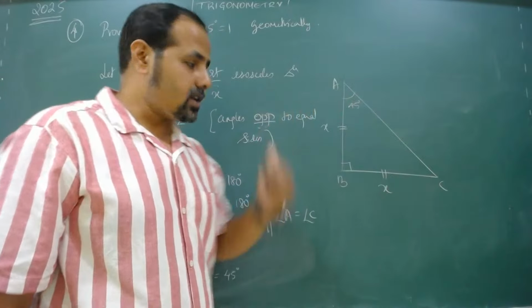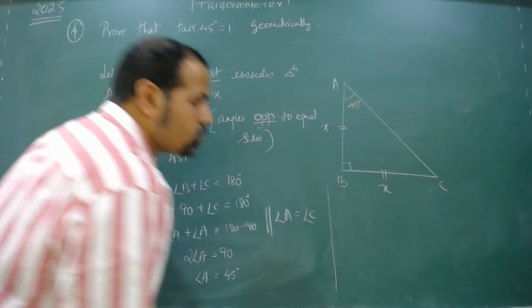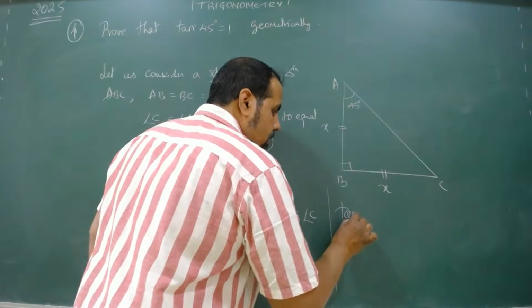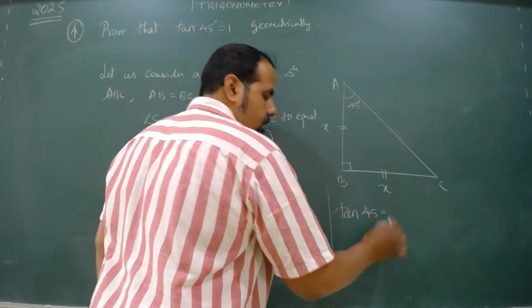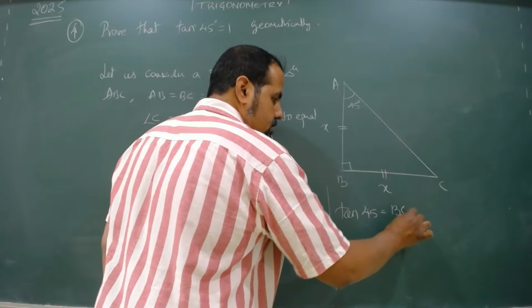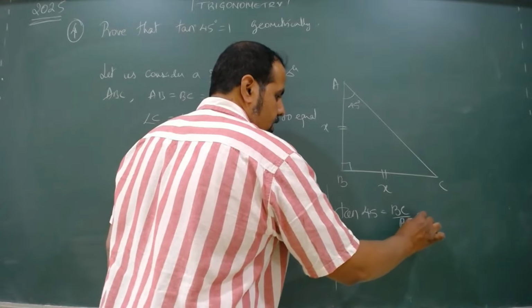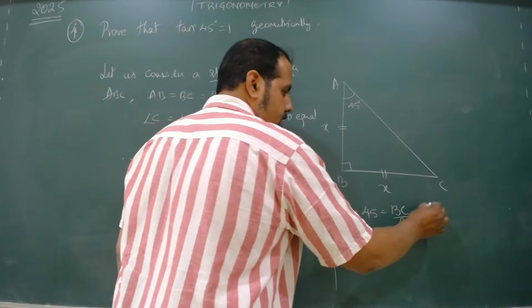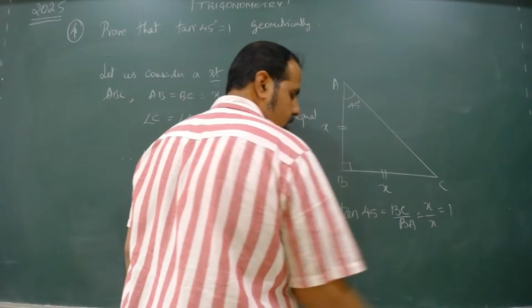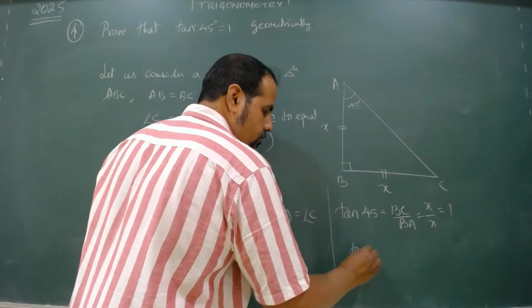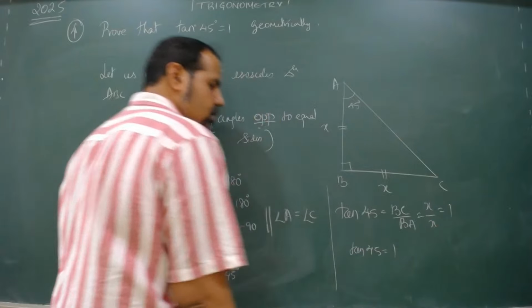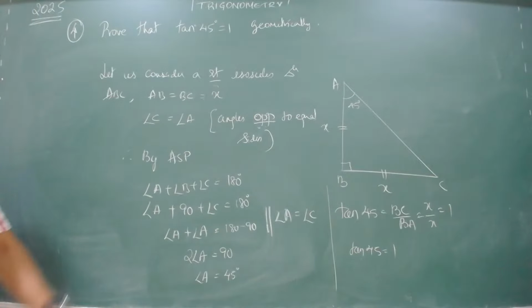Tan 45 is opposite side BC by adjacent side AB. Opposite side is x, adjacent side is x. Therefore, we have proved that tan 45 is 1.